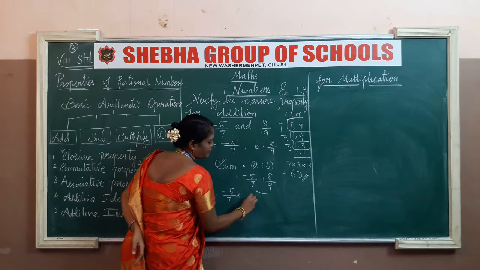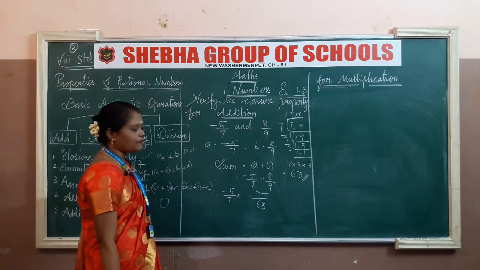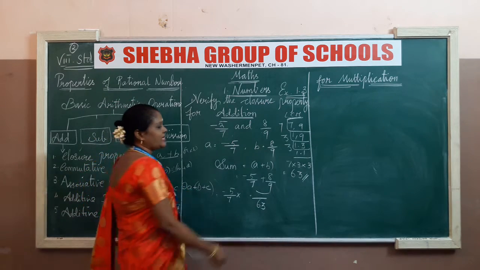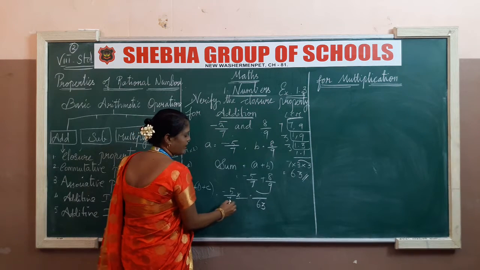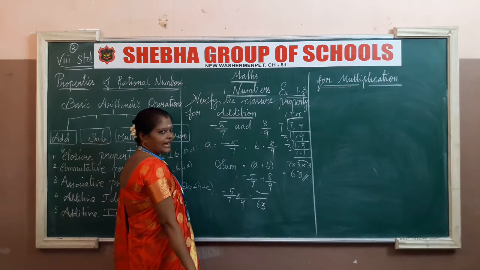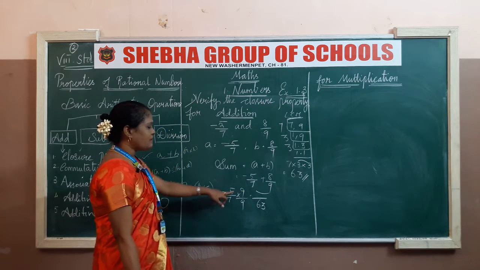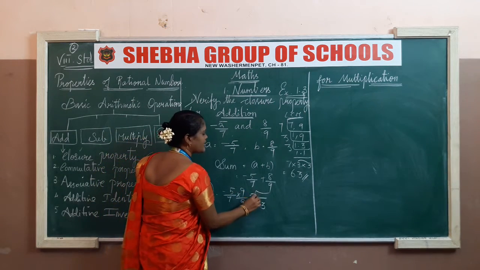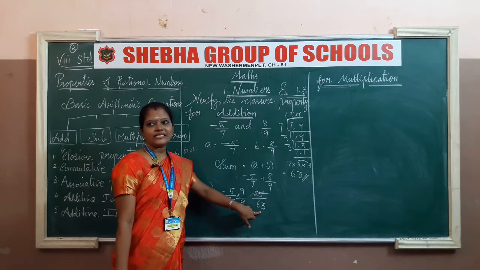If I want to get 63 in the denominator, what number should I multiply with 7? You can check it here itself. 3 threes are 9. So, 9 is the applicable number. Below I multiply with 9, so above in the numerator also I multiply with the same number. So, 5 nines are minus 45. So, I make the denominator 63.